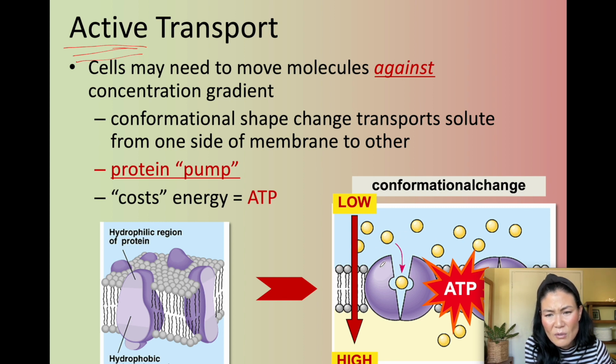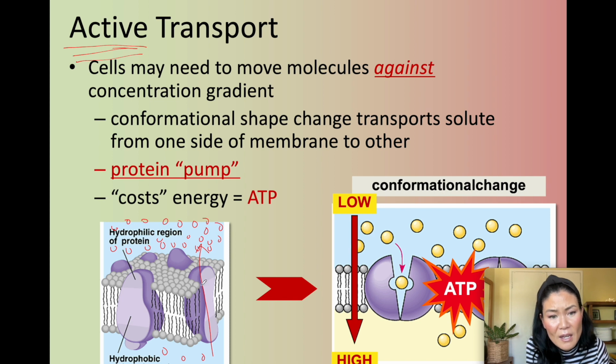Okay, I kind of don't like this picture because I don't think it really shows you what's going on. But if we have, again, a high concentration of solutes outside the cell here, and then there's just a few here, active transport is when a protein is going to pump the solute outside where it's already crowded.